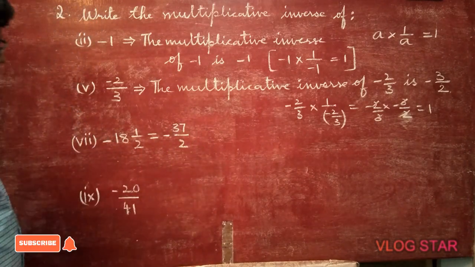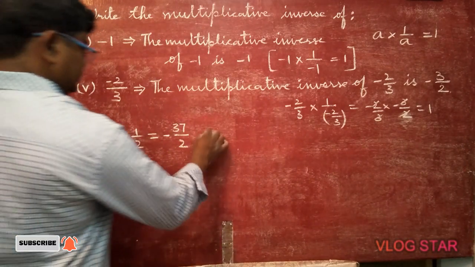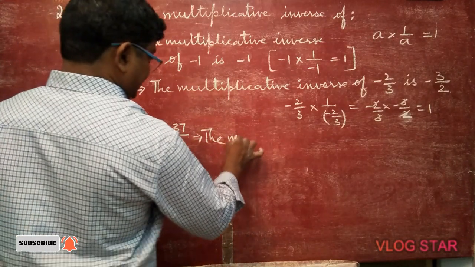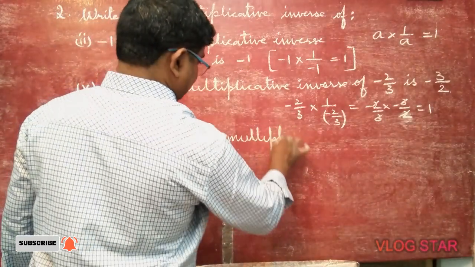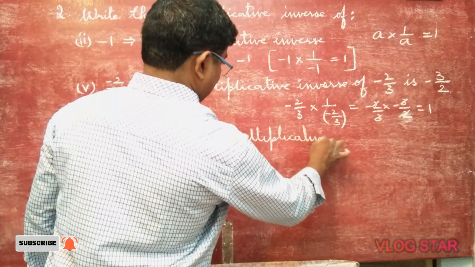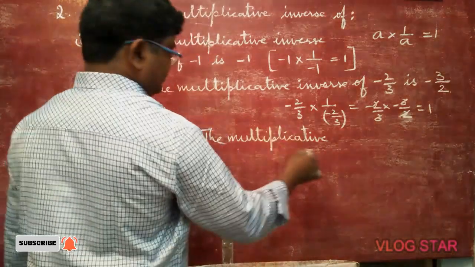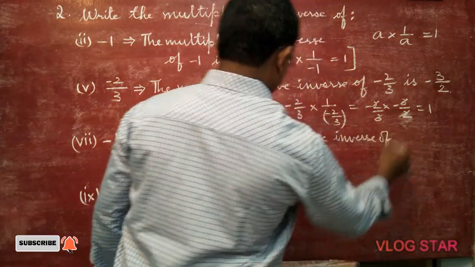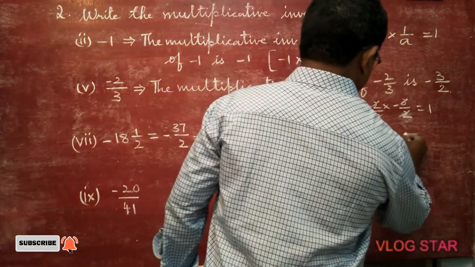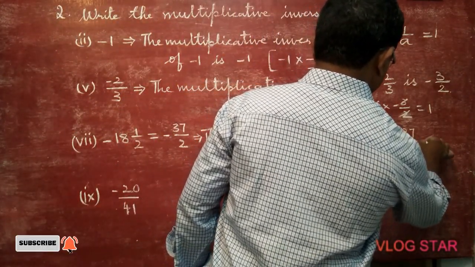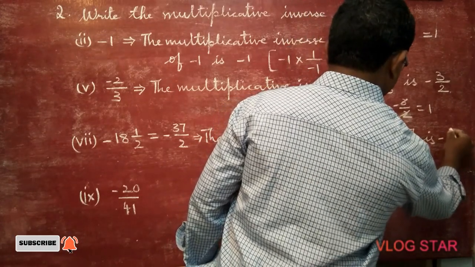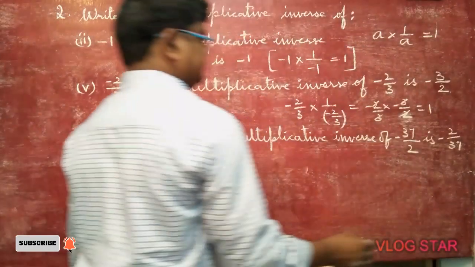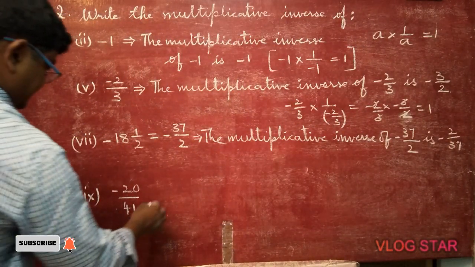Now, this implies the multiplicative inverse of minus 37 by 2 is minus 2 by 37. Keep in mind.